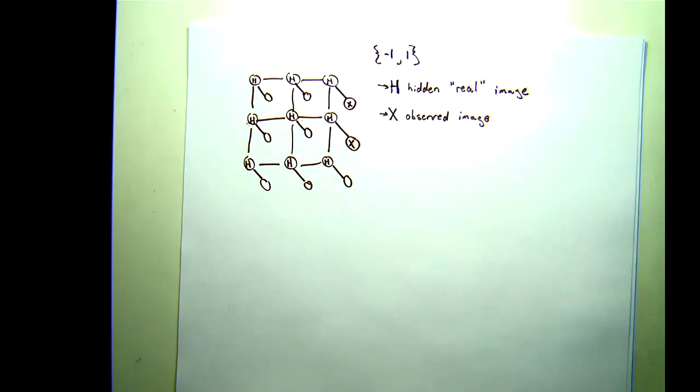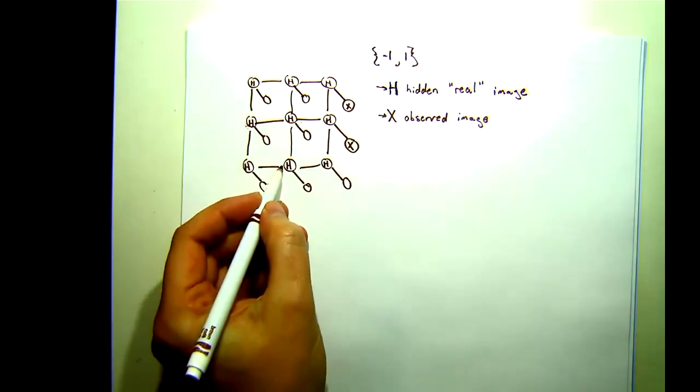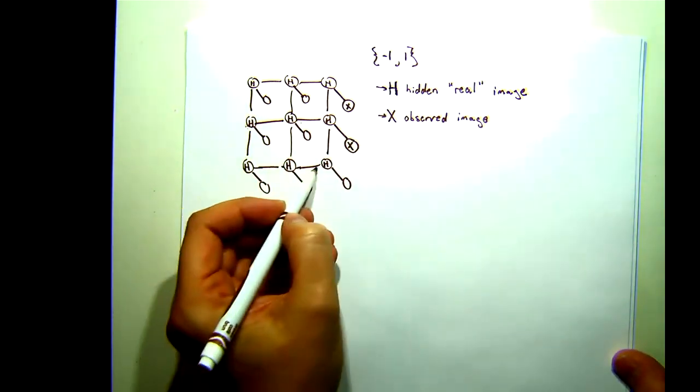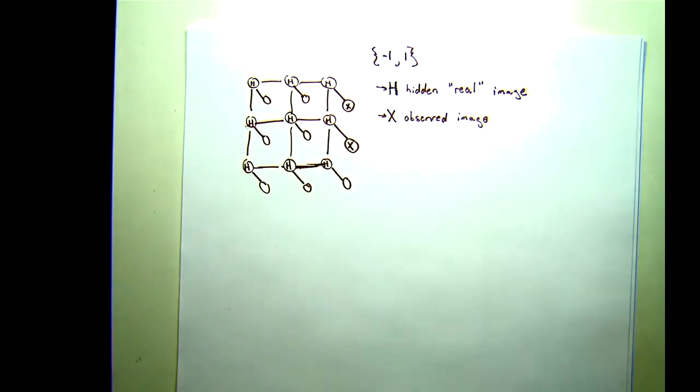So we have really two layers here. We have one layer, which is the observed image, which we assume has some noise to it. And we have the hidden layer, which is the real image, the image we want to recover, which we don't know. And that's what we're going to do the inference to recover. Now the links, remember, are the probabilities.